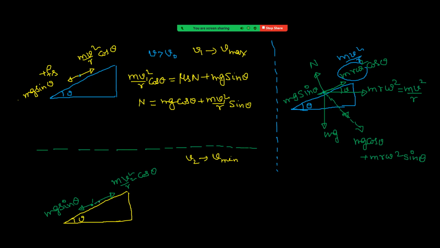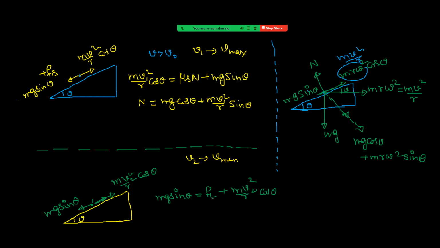So friction will be up the road. When it is about to slip down, friction becomes the limiting value. Therefore, we write the equation: mg sine theta should be balanced by limiting friction plus m v2 square by r cos theta.